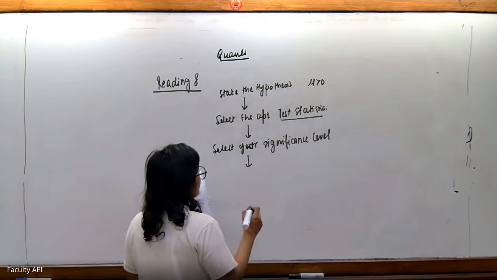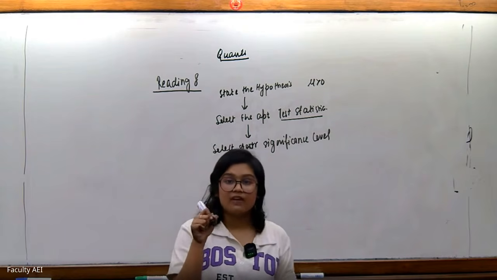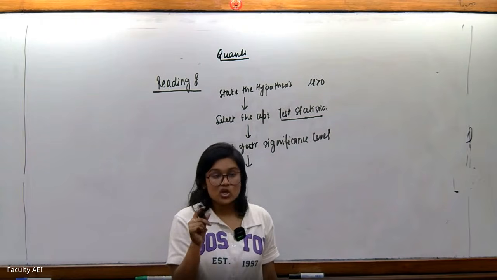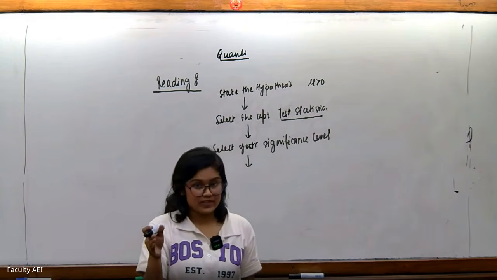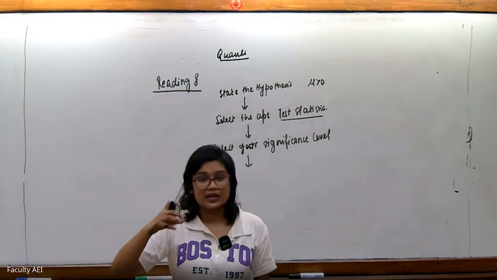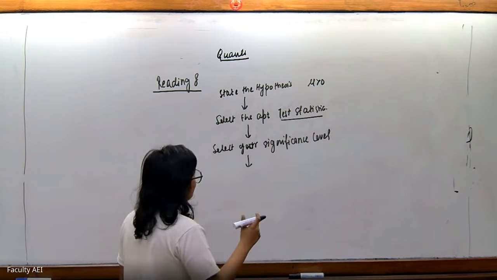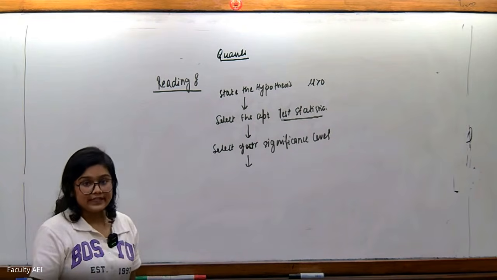You select the significance level because your critical values change on the basis of it, and the critical values will test your test statistic even more strongly.